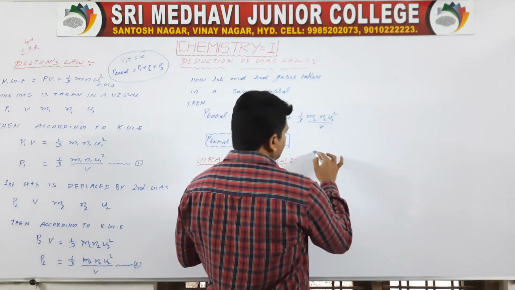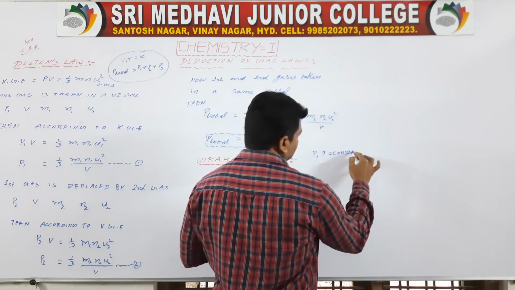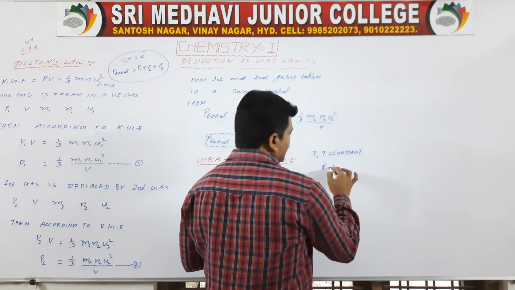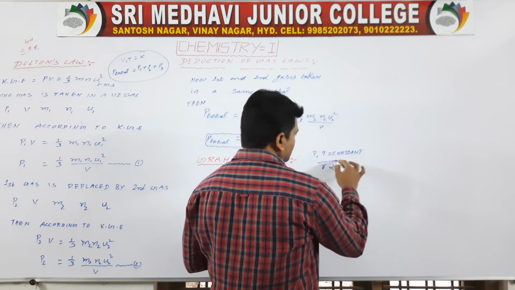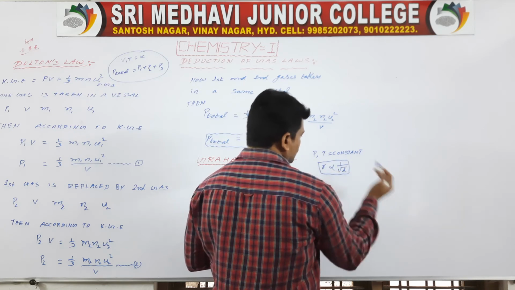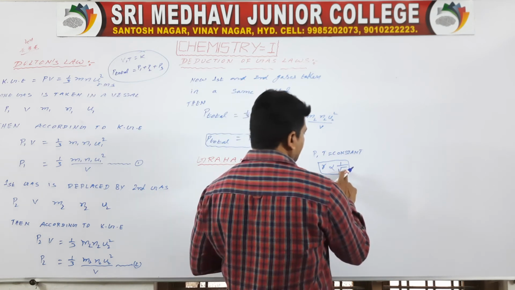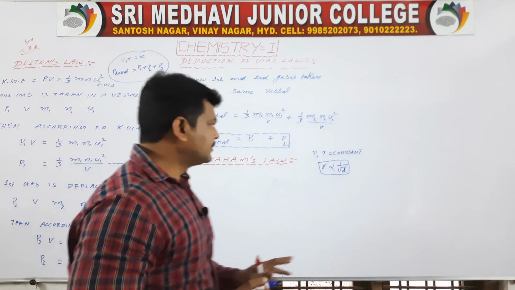At constant pressure and temperature, both are constant, the rate of diffusion of a gas R is inversely proportional to 1 by root of its density. This is what you are going to show. Rate of diffusion of a gas R is inversely proportional to 1 by root D.